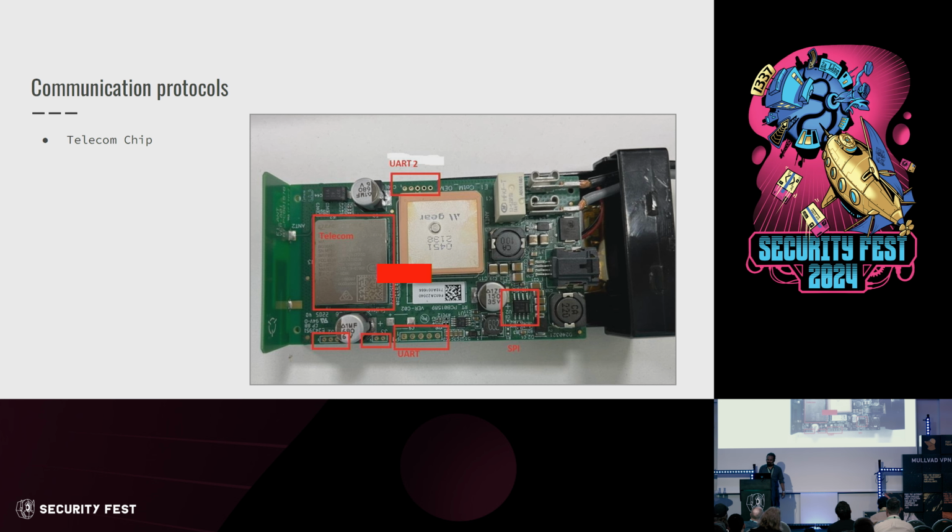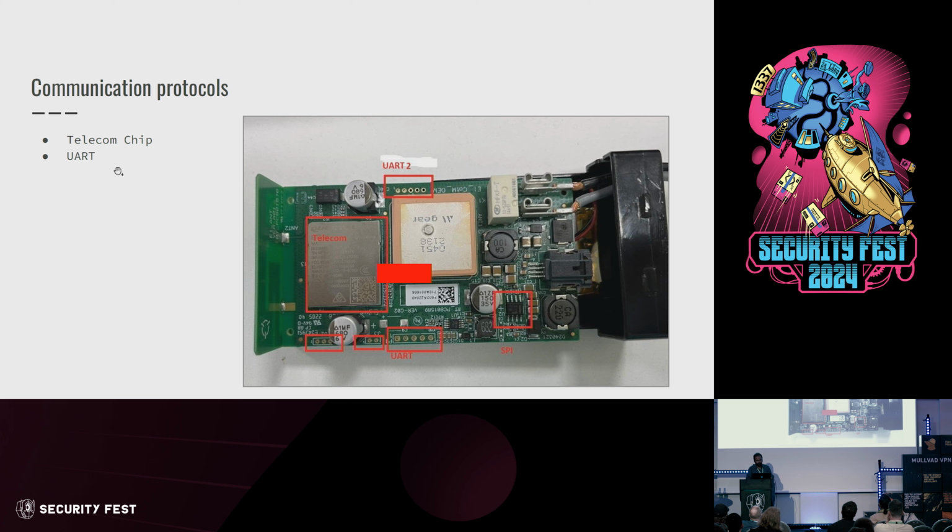Ta-da! So you can see that there's a telco chip. You can see this is the antenna. We have a couple of UARTs. Maybe one of them is a UART, because so far I have not tried the logic analyzer stuff, so I'm still trying to figure it out.